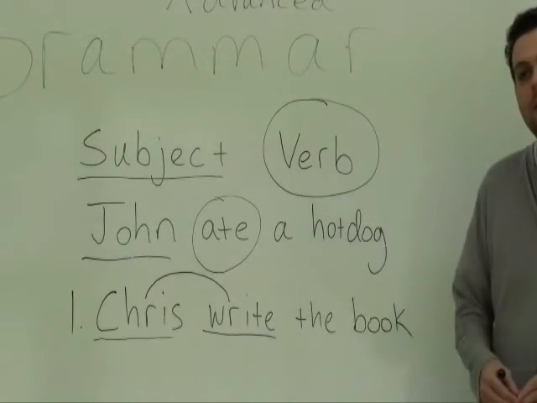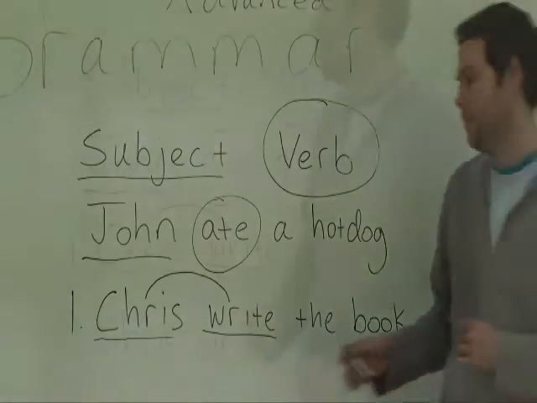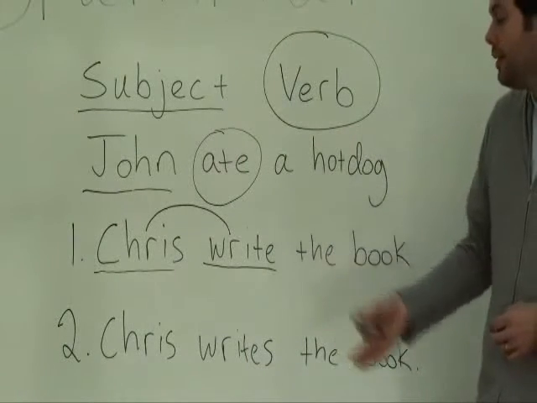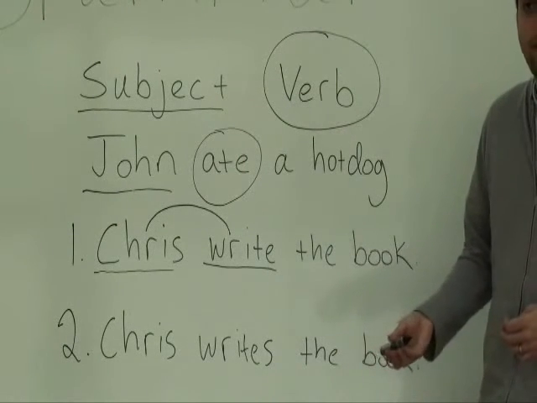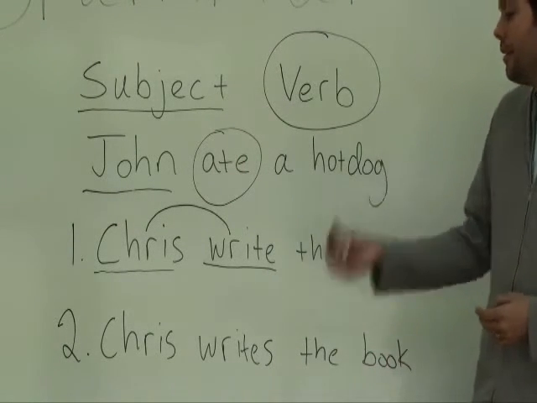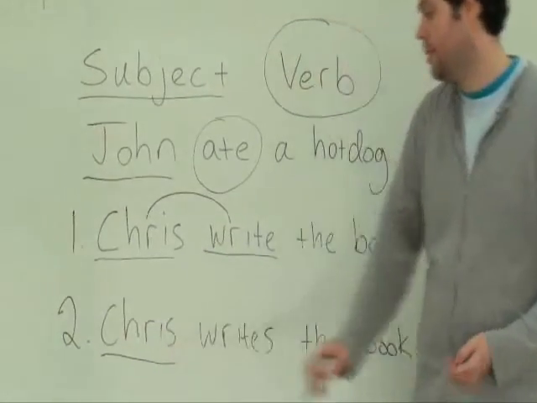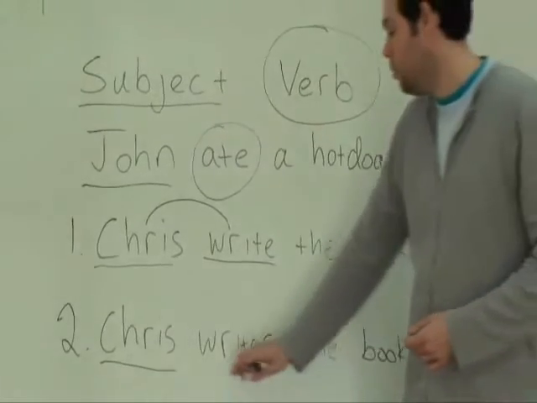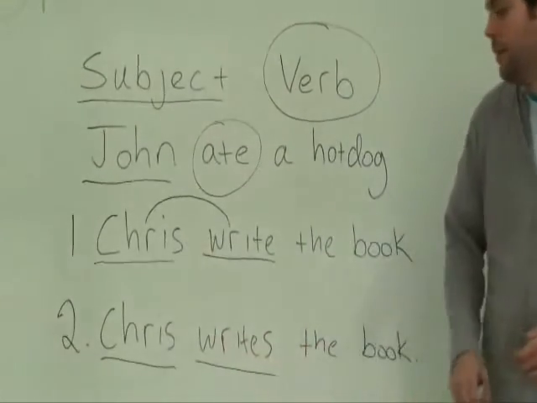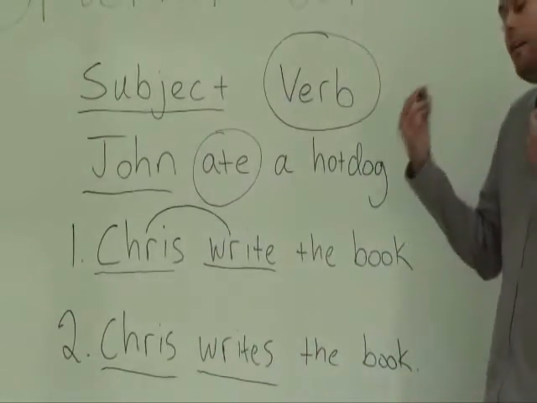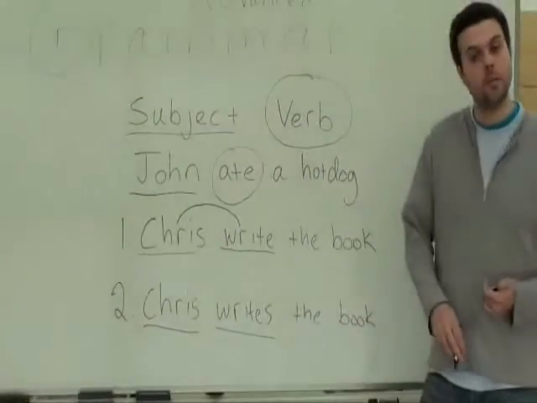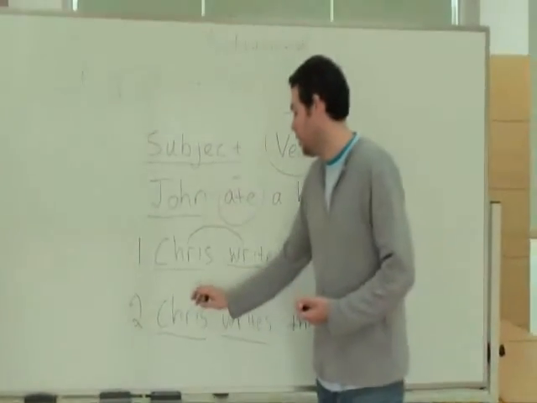Let's write it one more time, and you tell me if I got it right. All right. In this sentence, Chris writes the book. Okay? And in this sentence, again, the subject is Chris, and the verb is writes. Okay? And now, do the subject and verb agree? They do agree. Okay?